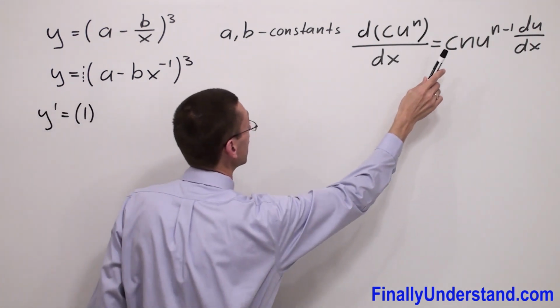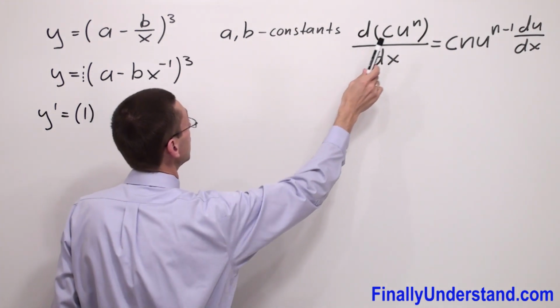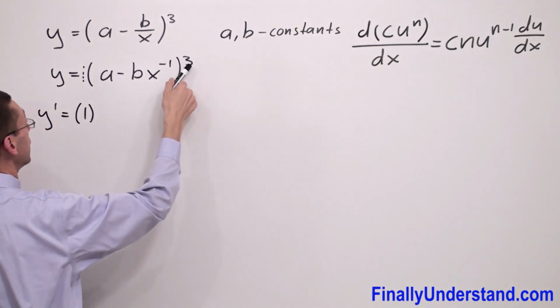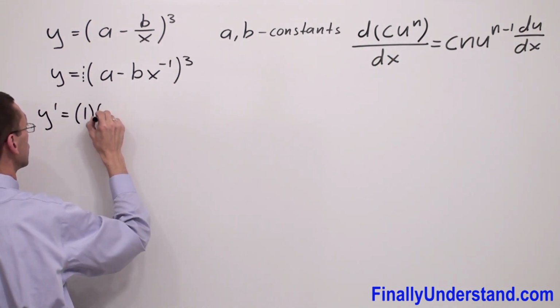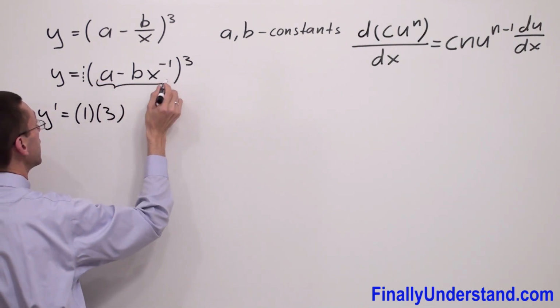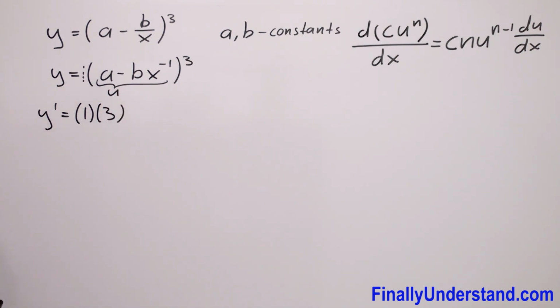Next, we're supposed to write the exponent, right? The exponent next to u is n, so in my case, 3. So times 3. Don't forget that the content of the parentheses is called u.